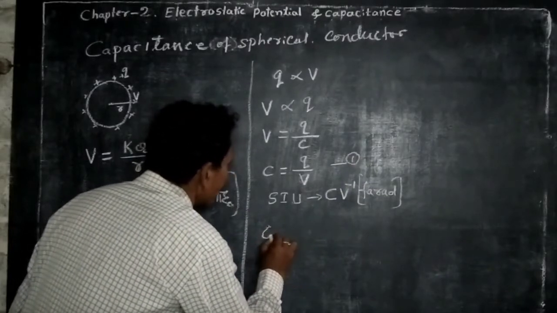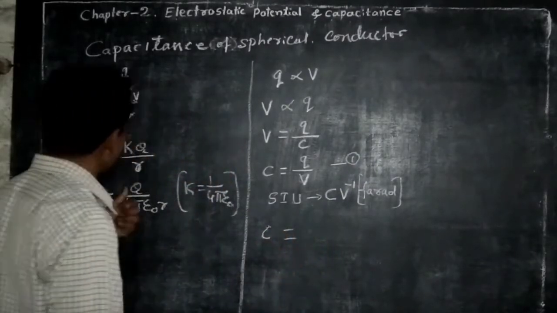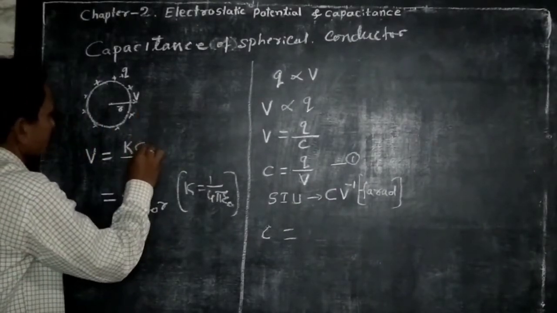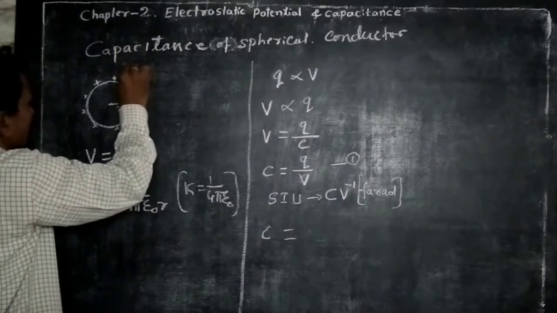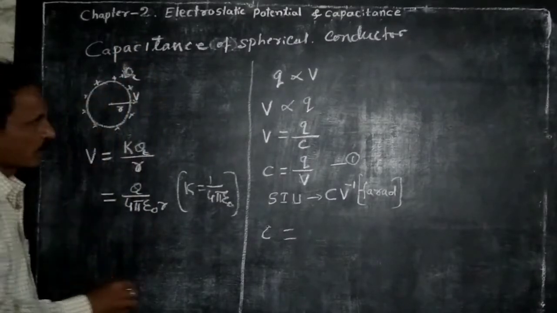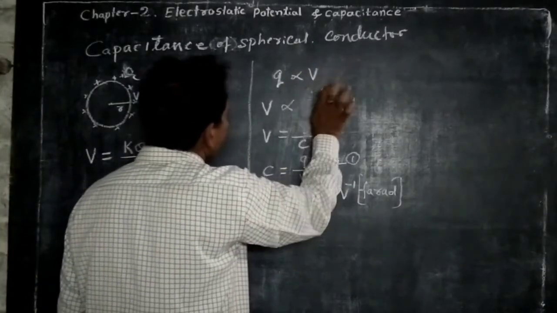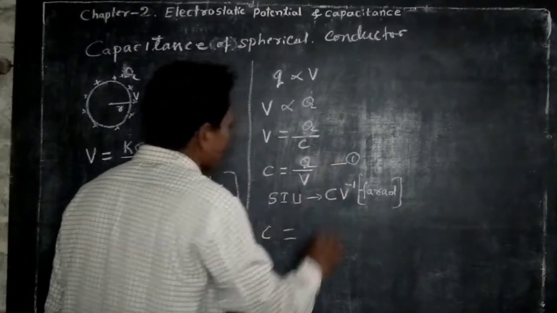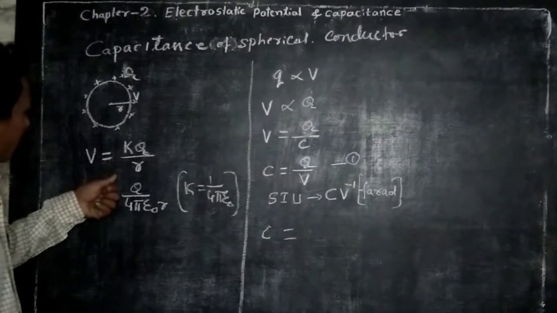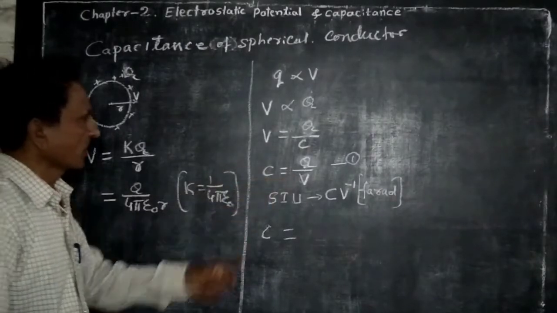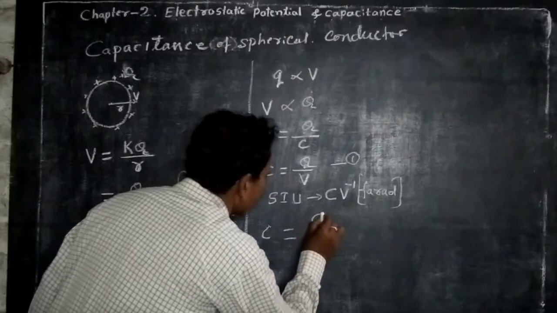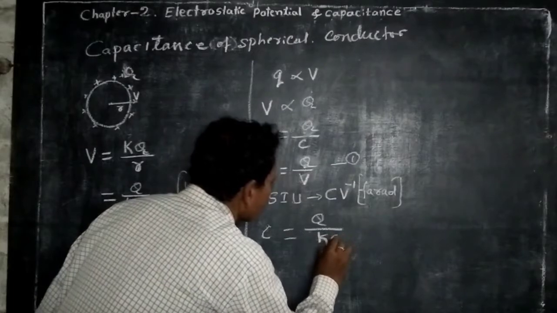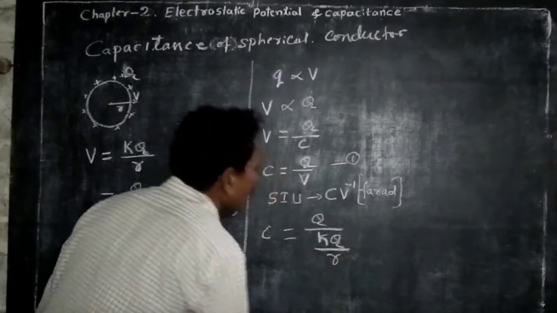Here we have taken plus q as the charge given to the conductor, hence it becomes capital Q. Substituting the value of phi in equation 1, we get Q upon kQ upon r.